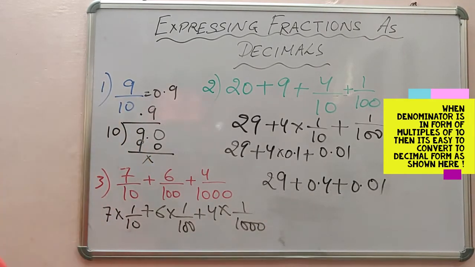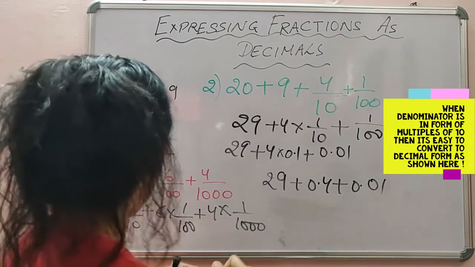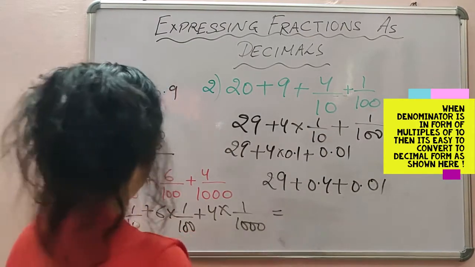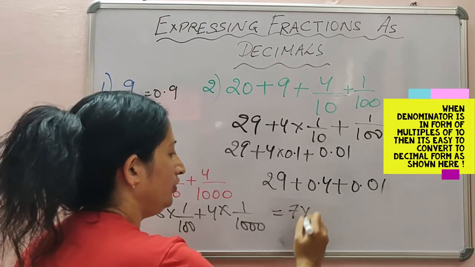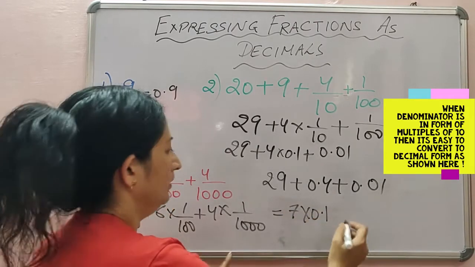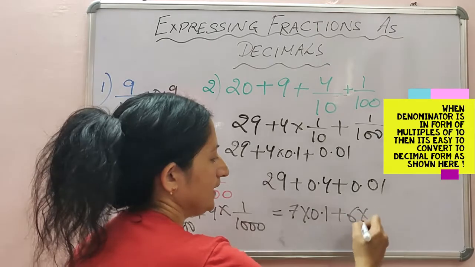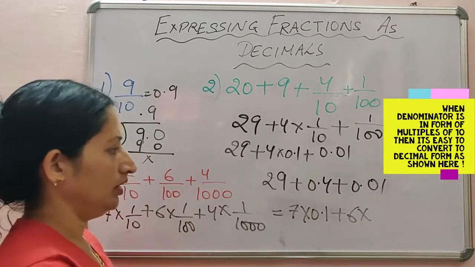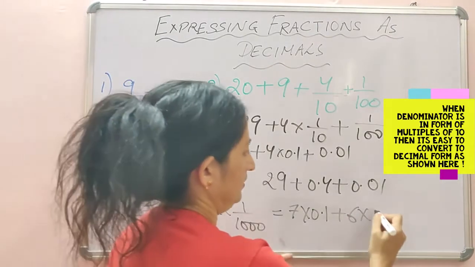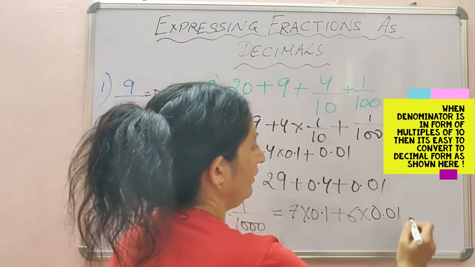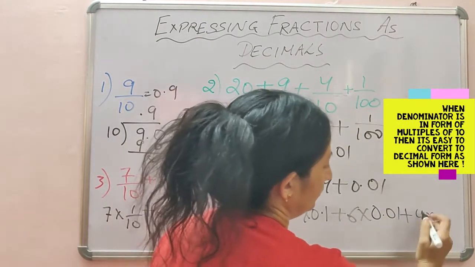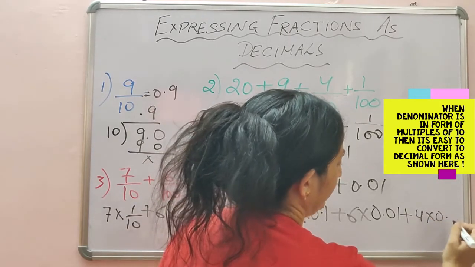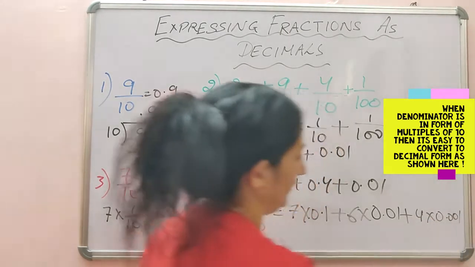So let's proceed. It will be 7 into 1 by 10, which means 7 into 0.1, plus 6 into 0.01, plus 4 into 0.001.